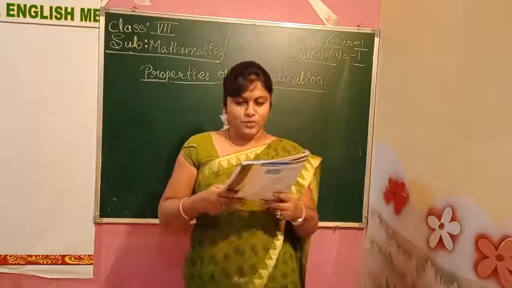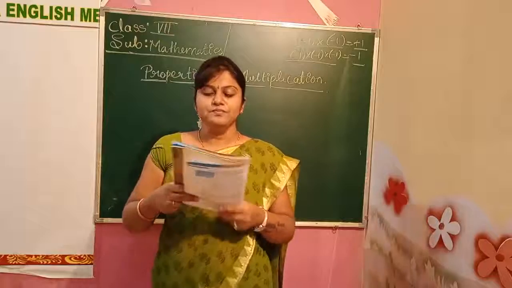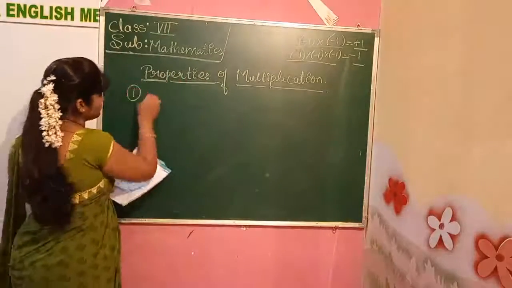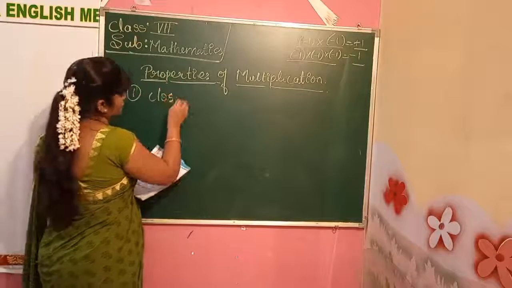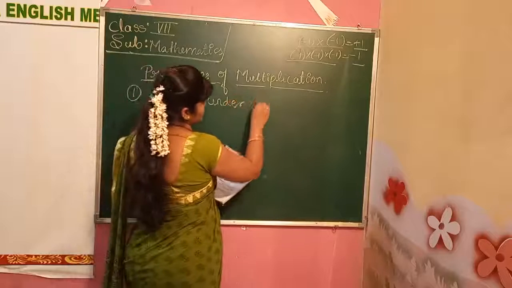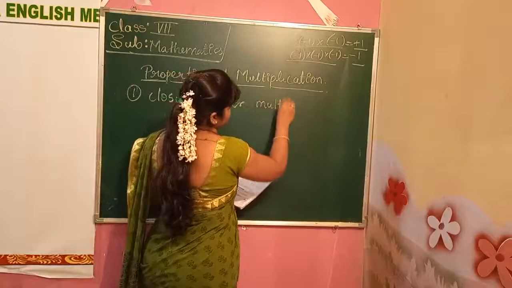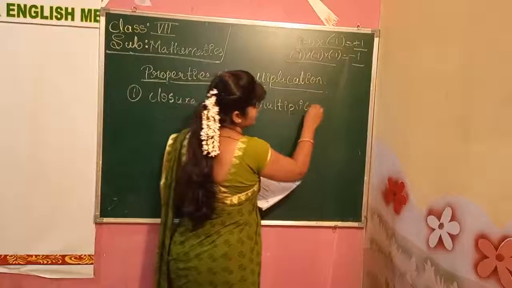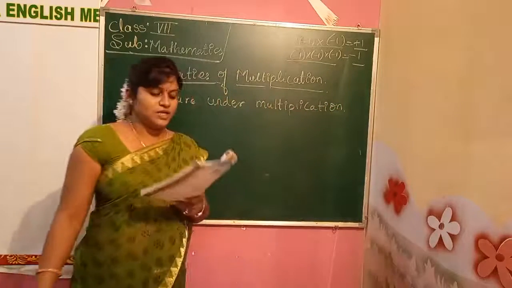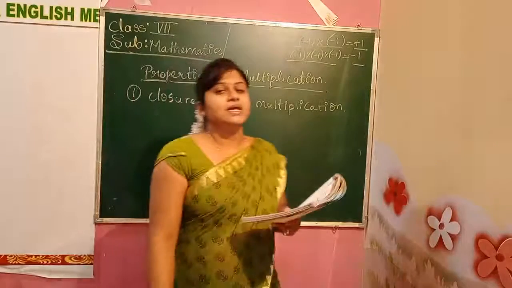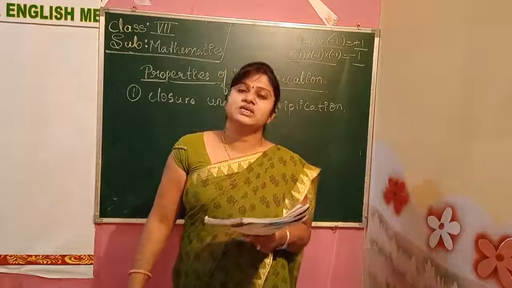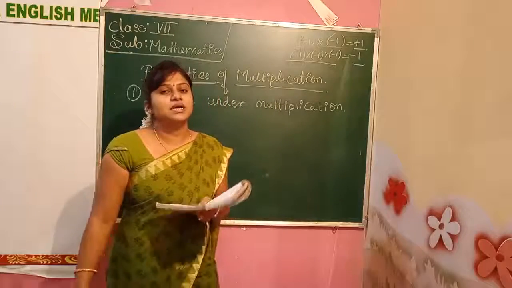Open page number 15, children. The first property is closure under multiplication. Closure under multiplication means when we multiply two integers, we get an integer itself.